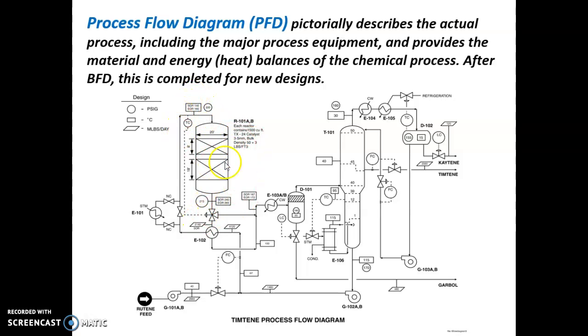In this particular instance, these are used to help size all the different pieces of equipment: your piping, your valves, the heat exchangers, and your pumps. That's one of the big pluses of having a PFD, and it's very important for you as a process operator, technician, or instrument technician to have this available to you.